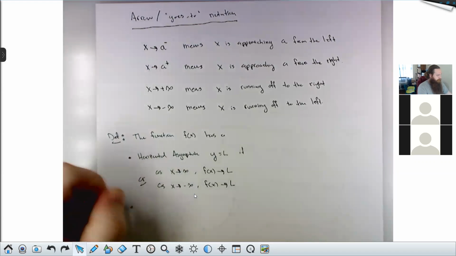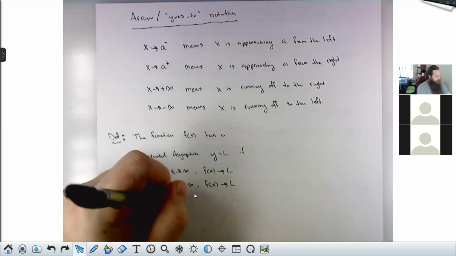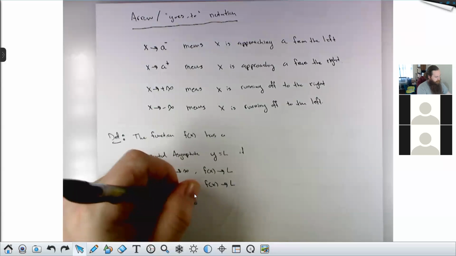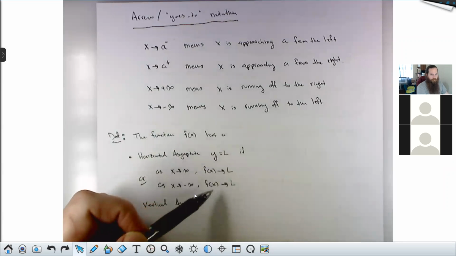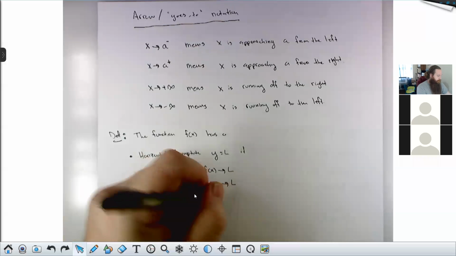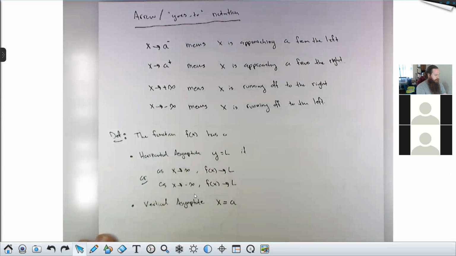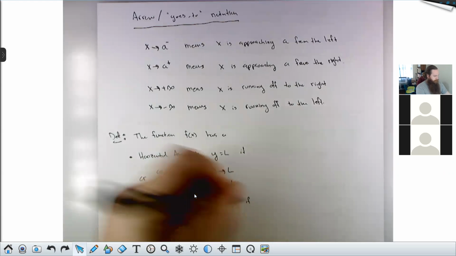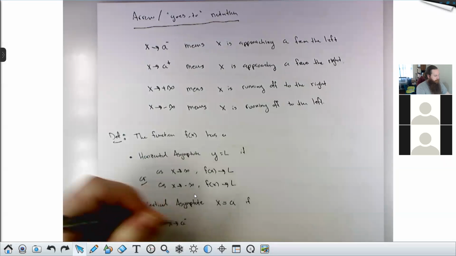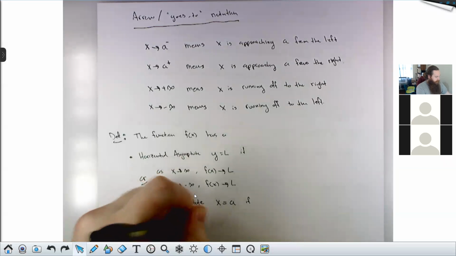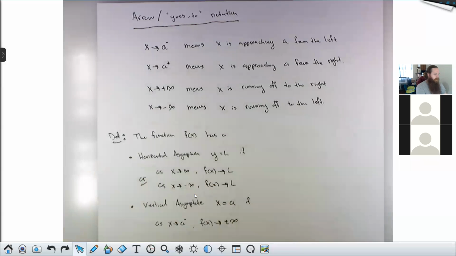The definition of vertical asymptote. So horizontal lines are always of the form y equals a constant. Vertical lines are always of the form x equals a constant. So I'll say here x equals a if, as x approaches a from the left, f of x approaches one of plus or minus infinity, I don't care.